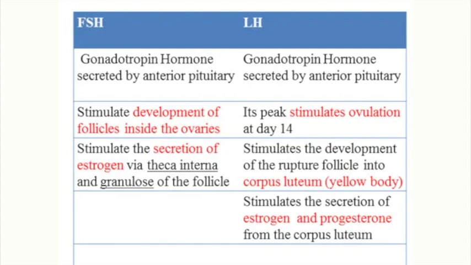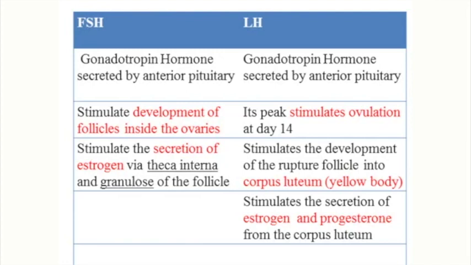What you need to know is that FSH is responsible for the change from a primary follicle to a secondary follicle to a cavitary follicle and to a Graafian follicle. Not only that, but it also stimulates the secretion of estrogen. Estrogen is secreted by the follicle, and specifically by the theca interna and the granulosa of the follicle.